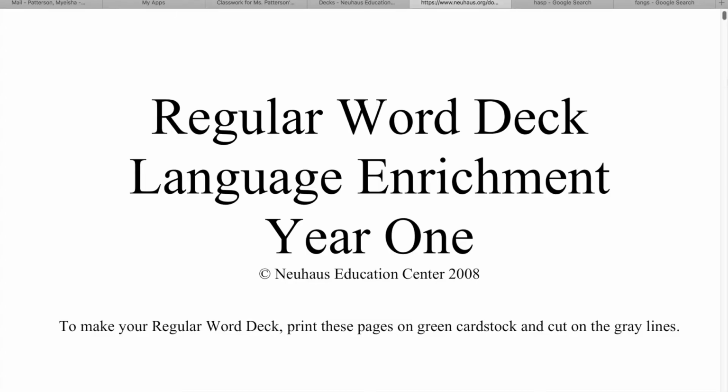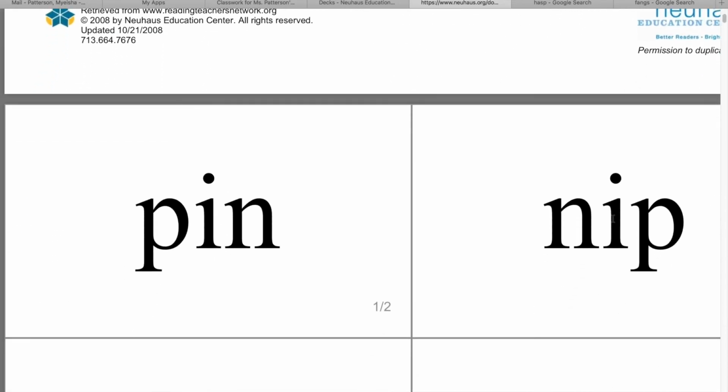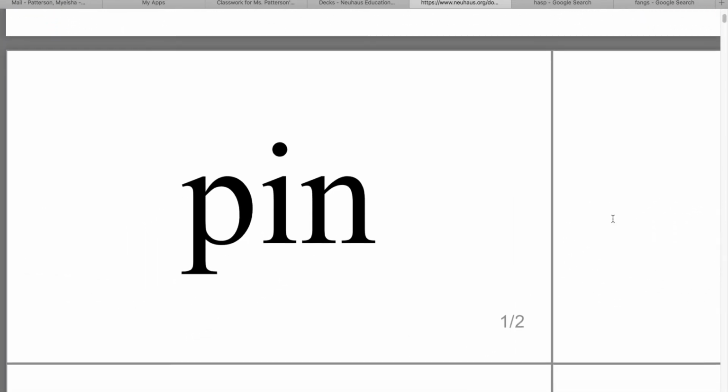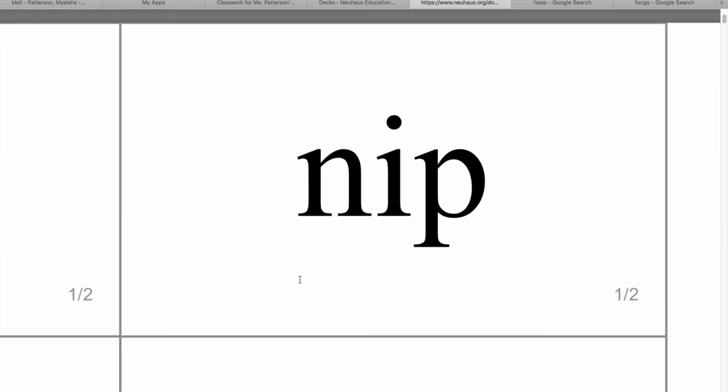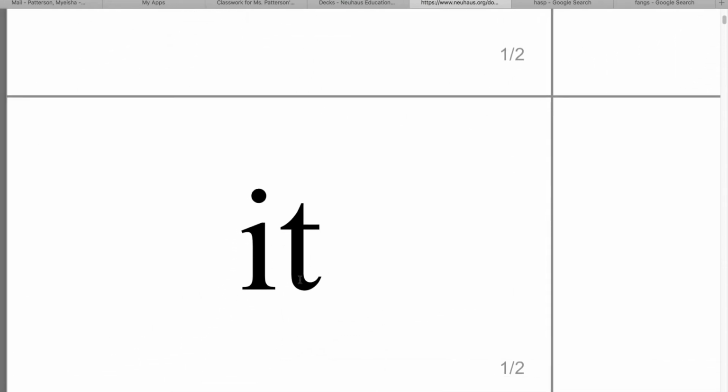Our Neuhaus regular word deck. So I'm going to go through these words. I'm going to give you a chance to say it, and then I'm going to say it. Pin, nip, it.